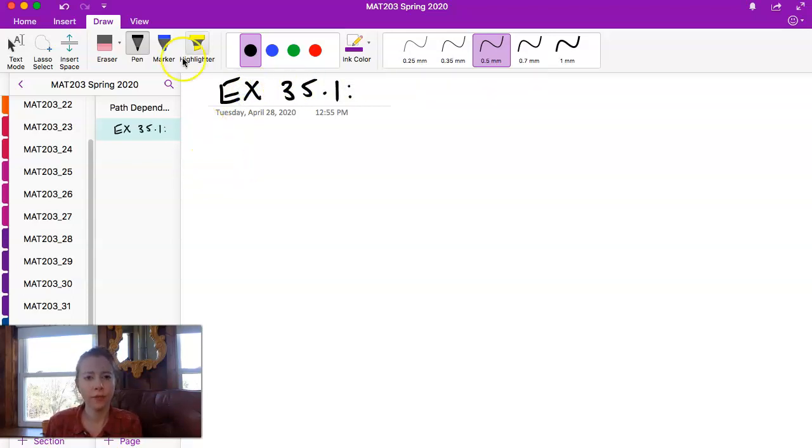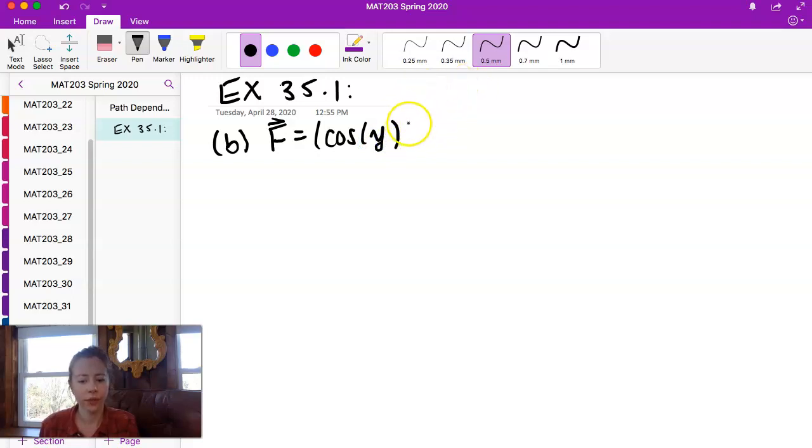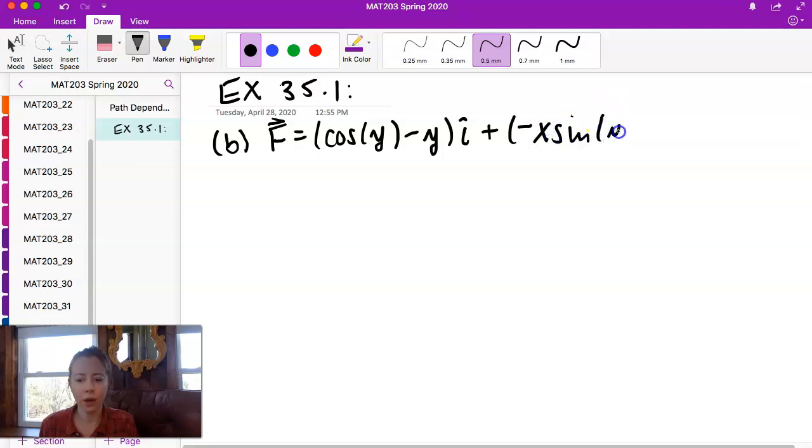All right, let's do a couple more. Let's look at another one. The vector field is cosine y minus y i hat plus minus x sine y minus x j hat.